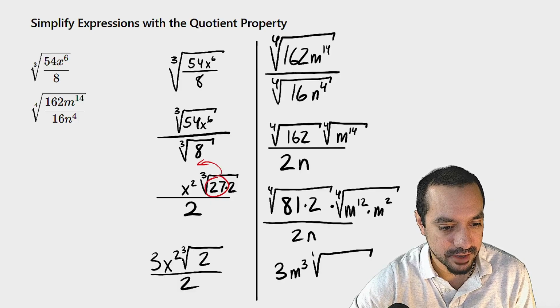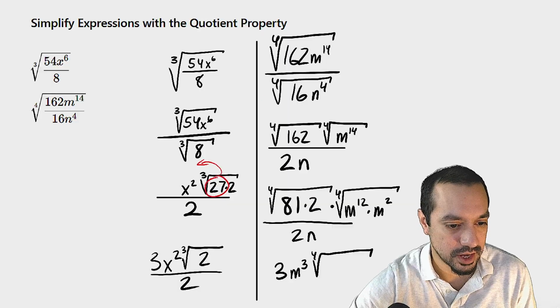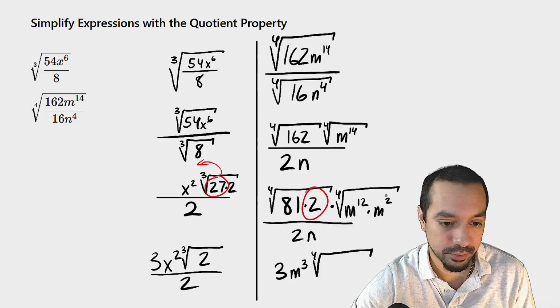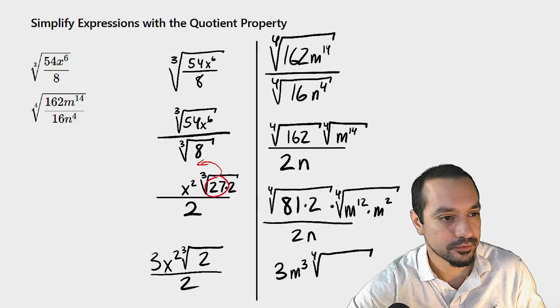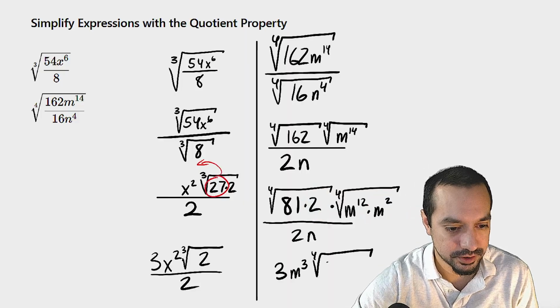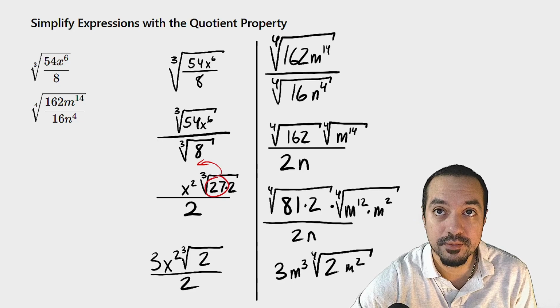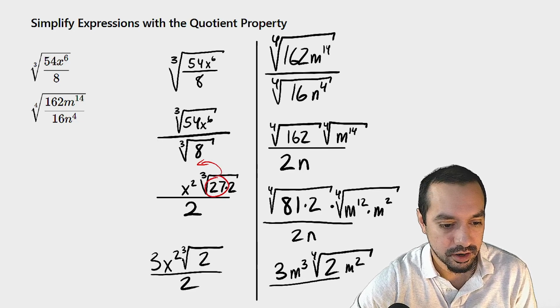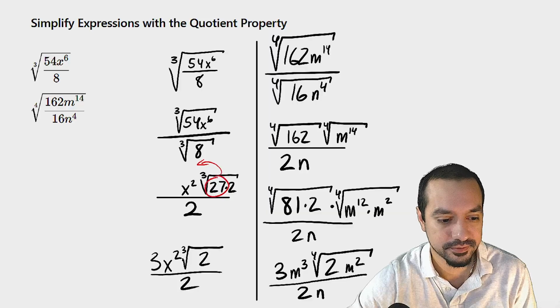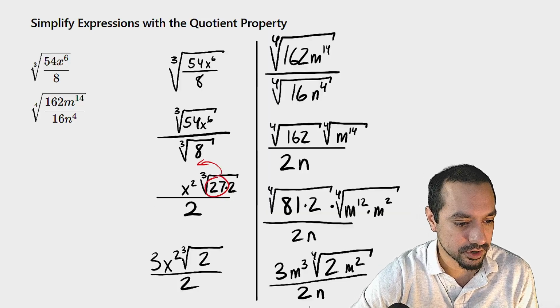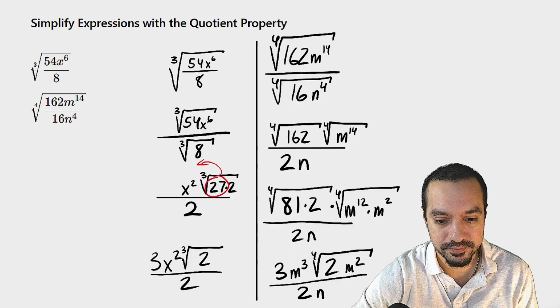Then inside my fourth root, I have the 2 that I wasn't able to pull out, and we still have the m squared that I wasn't able to pull out. Go ahead and write those. All right, so those are in simplest form.